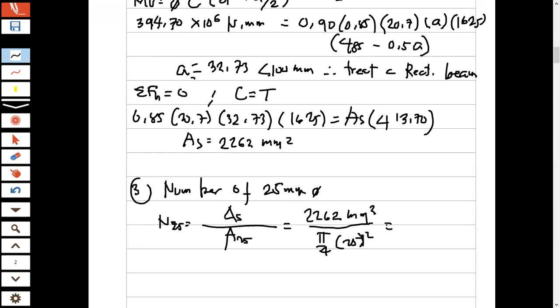In other words, you have 4.6, or let's say 5 pieces of 25 mm diameter bars.